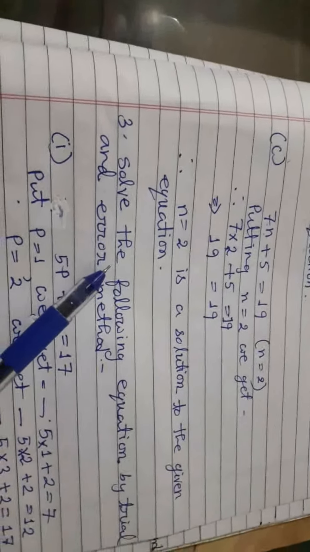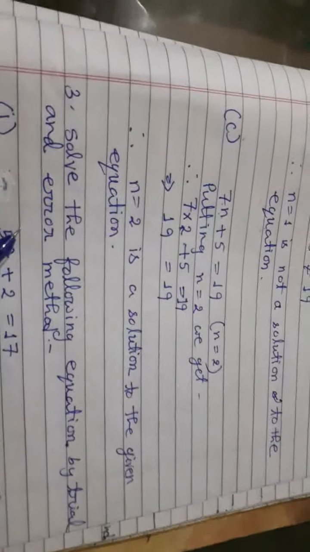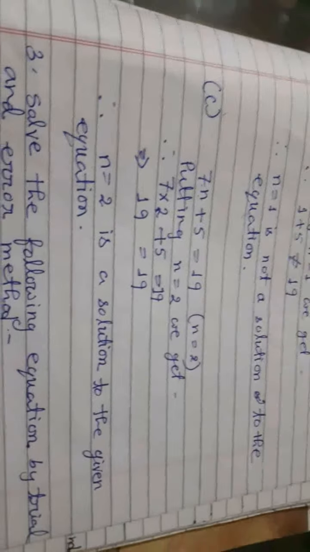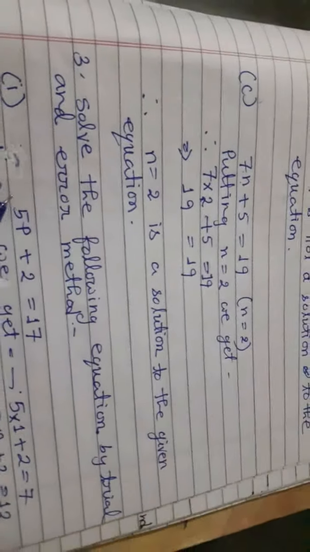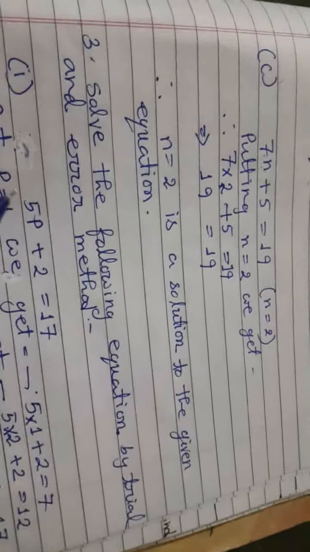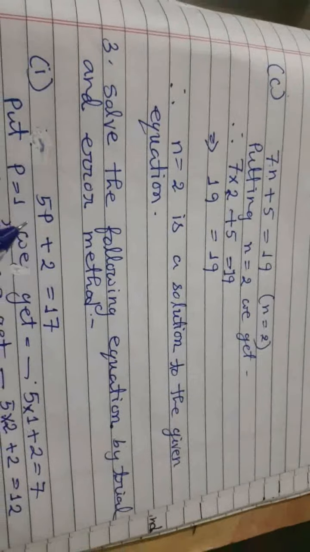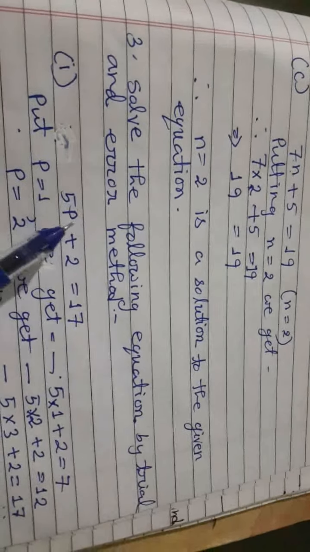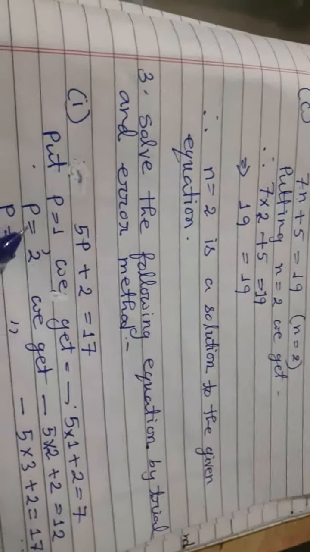Solve the following equation by the trial and error method. What is the trial and error method? Actually, we take 5p plus 2 equal to 17. We put the values of p as 1, 2, 3, etc. Then we find where we get the correct answer, and that is our required answer.